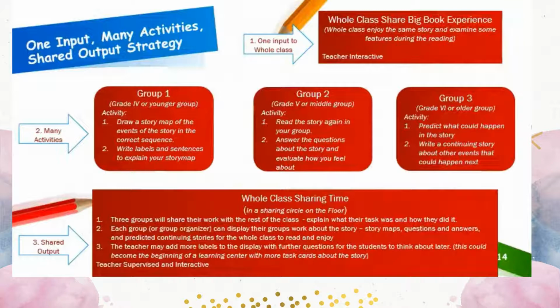This could be a beginning of a learning center with more task cards about these stories. An important role of the teacher here is supervision and giving interactive discussion while the sharing is ongoing. So that's it for the one input, many activities, and shared output.